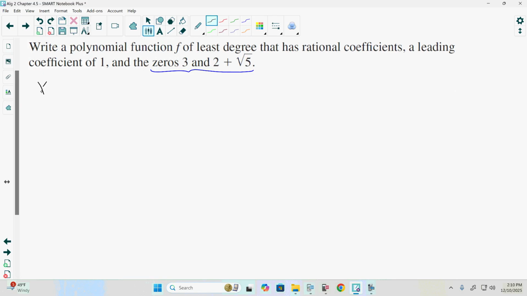So what I know is that x is 3, because that's a solution, that's a 0. We also know that x is 2 plus the square root of 5. That's all a 0 is. When we talk about zeros, we're talking about a value of x that will make the equation be 0.